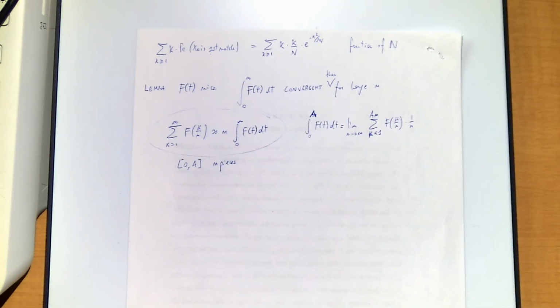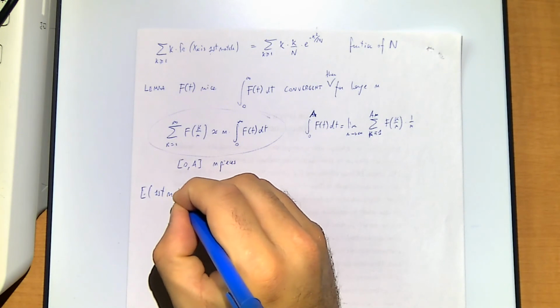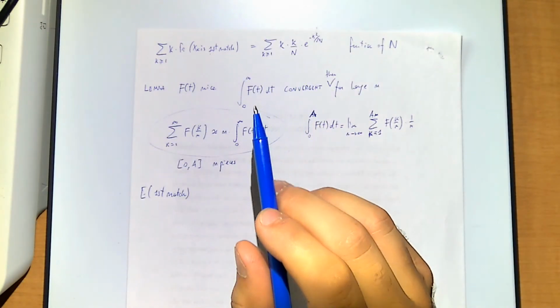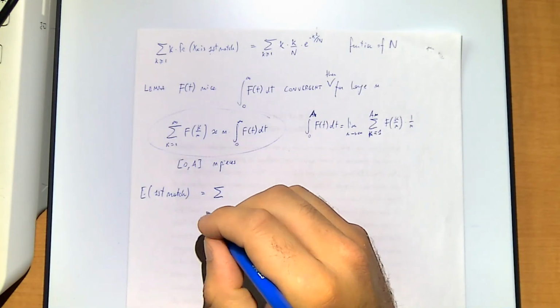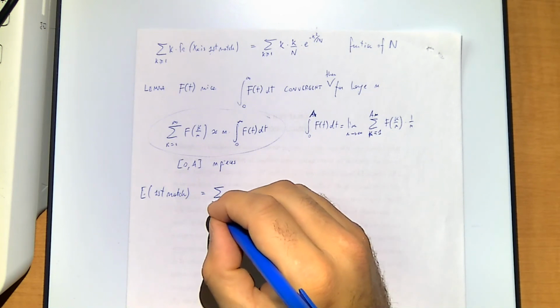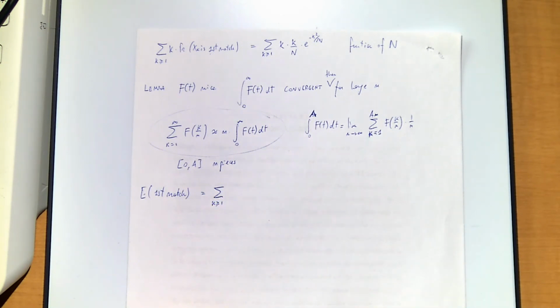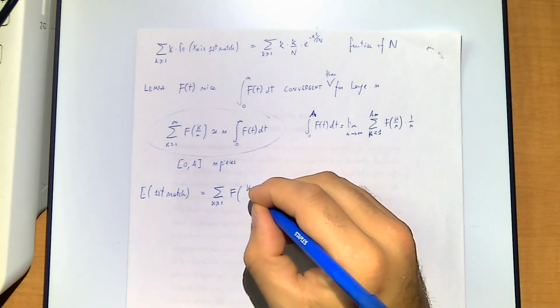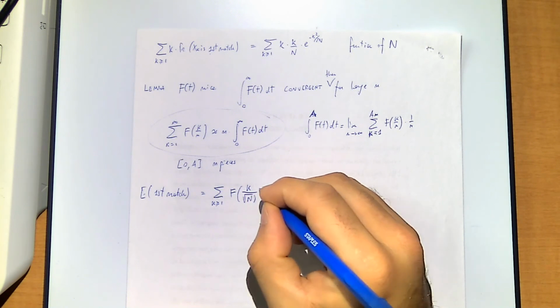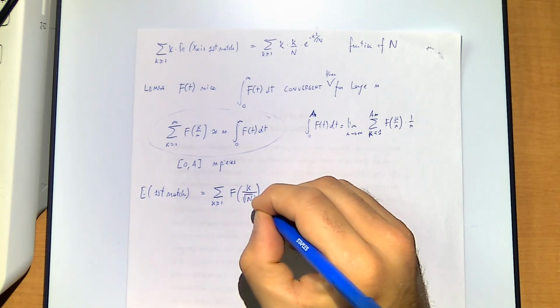Okay? So basically, we have that the expected value of the first match is that sum up there, right? And I can actually write this as a sum for k greater or equal 1, the same as writing from 1 to infinity, of f of k over square root of n, sorry, that's the bracket.